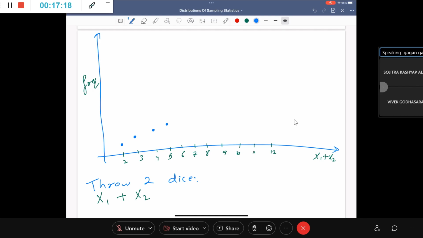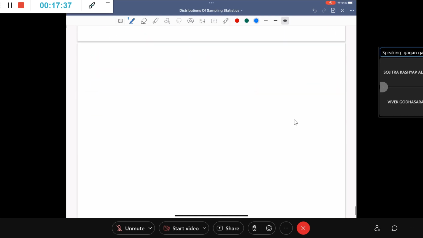Up to 7. And then what happens? It will start decreasing in a similar manner. Yeah, it will be symmetric. This is what you see. Now, how will it look for 3 dice?